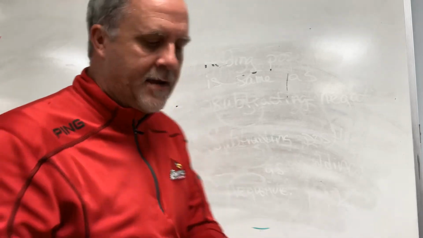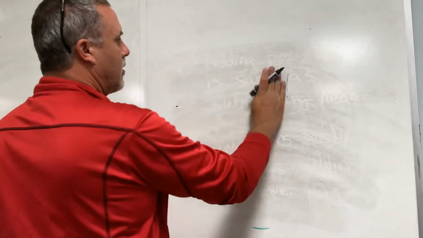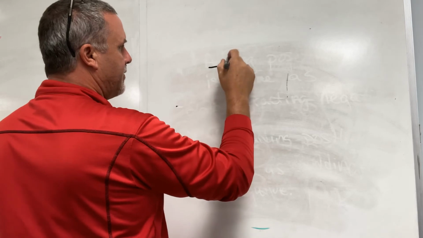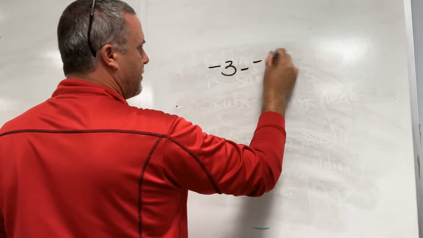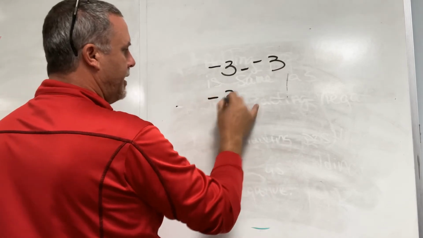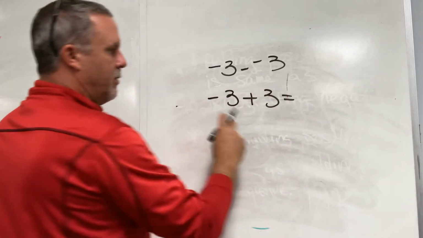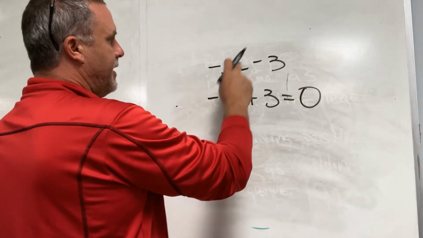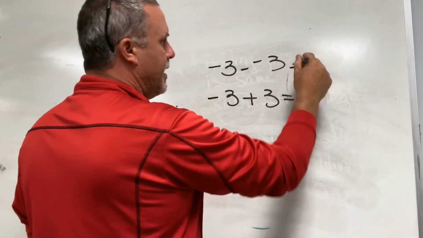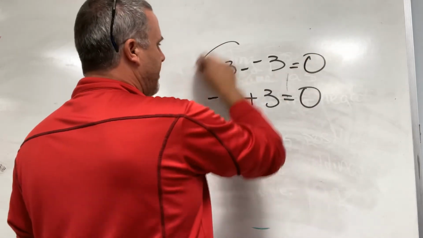I'll show you one example just so you can walk away and see it work one more time. Let's do negative 3 minus negative 3, and negative 3 plus 3. Well, we know that a negative 3 plus 3 is for sure 0. A negative 3 take away a negative 3, if we use the number line, is 0.